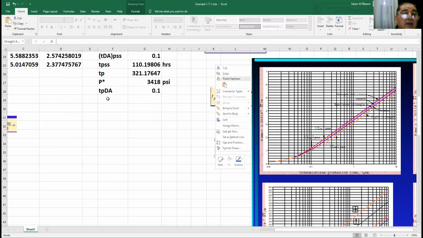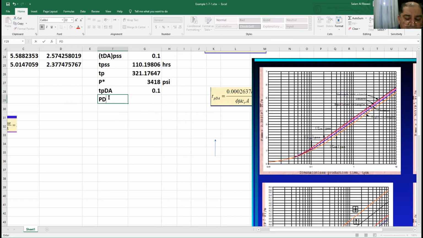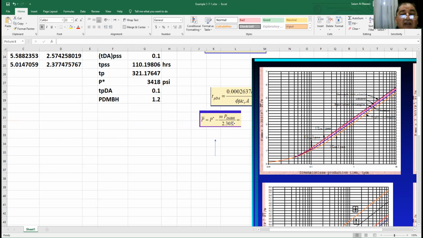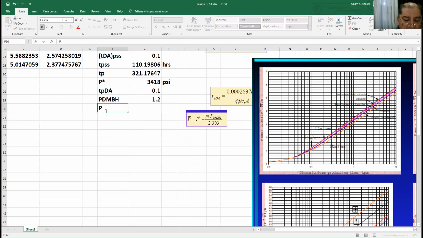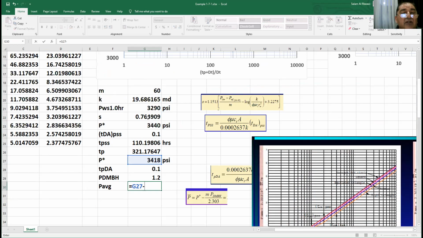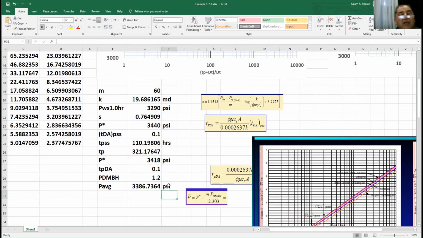In this case, pDMBH is almost 1.2. Now you can calculate P average. This is P average, sometimes written P bar. P average is P star minus the slope, which is the same and is not going to change, divided by 2.303 times pDMBH. And this is your P average.